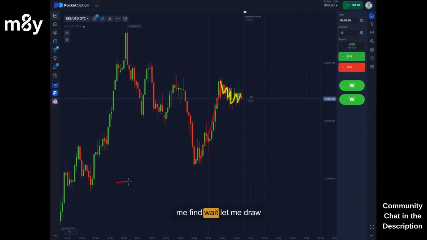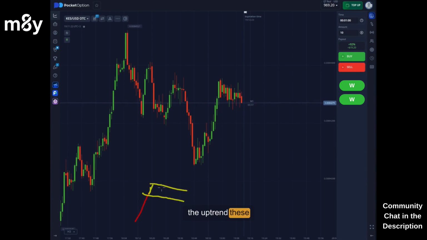Let me draw. Let's say this is the uptrend. After the uptrend, these large lines. So we should see something like that, more clear, not in such a very choppy market.